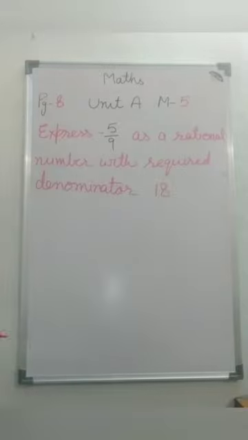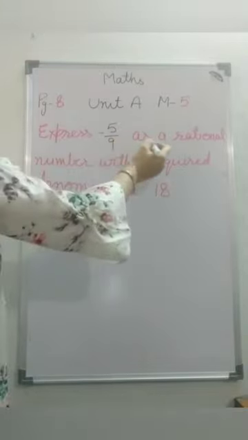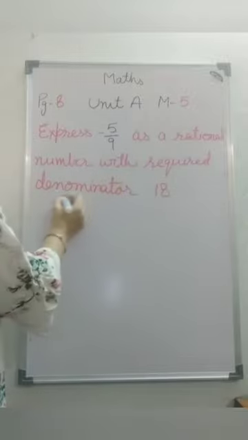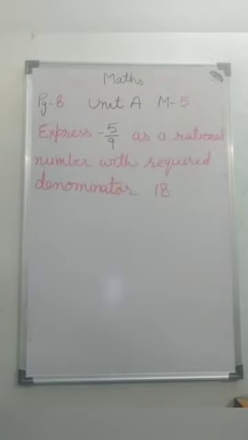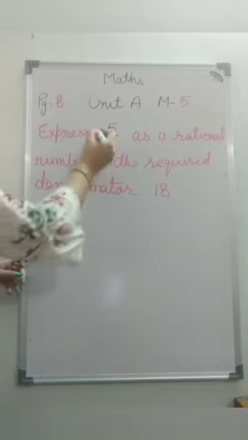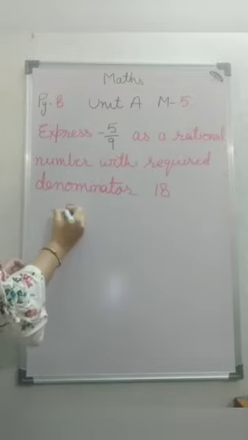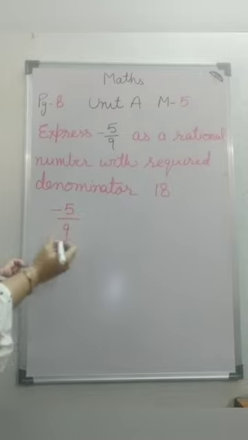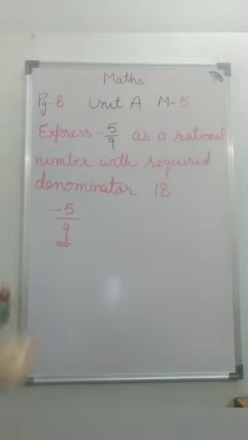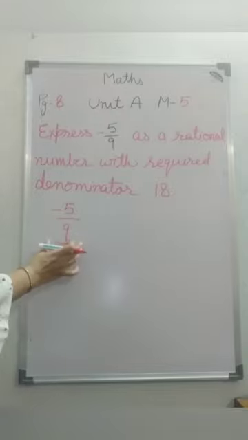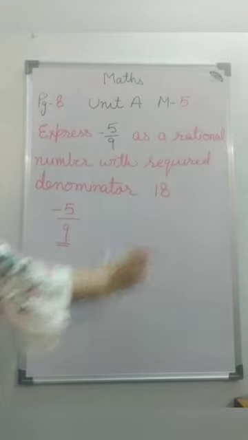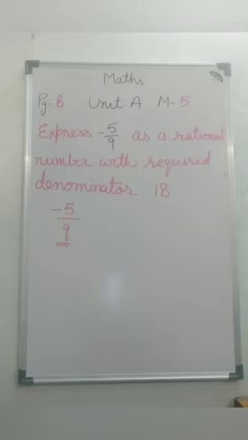Right? The next question is: express minus 5 upon 9 as a rational number with required denominator 18. This time we have to convert its denominator. Just see here, the question is minus 5 upon 9 and we have to convert this 9 to 18. There is no need to change the sign because it is a positive denominator and here we want a positive denominator. There is no need to multiply by minus 1 upon minus 1.